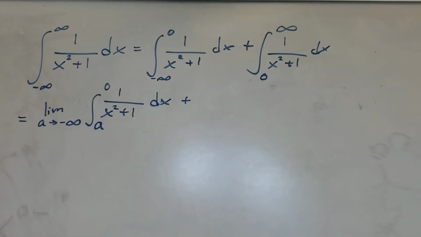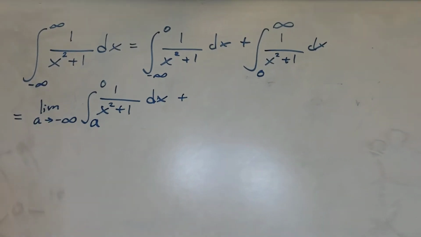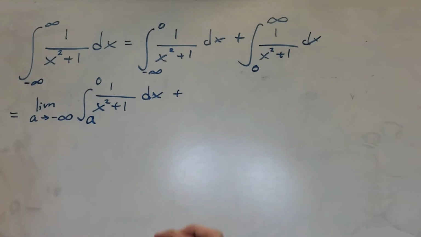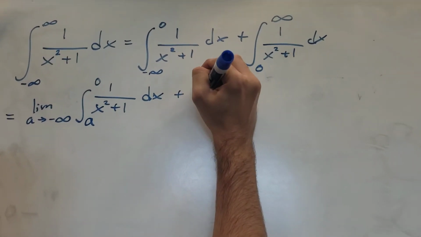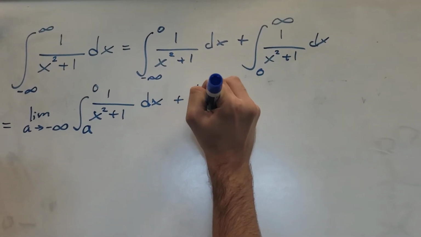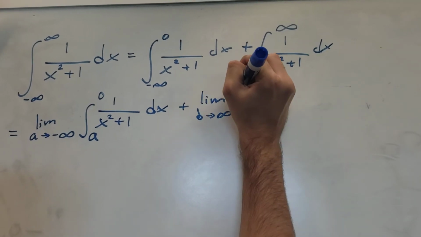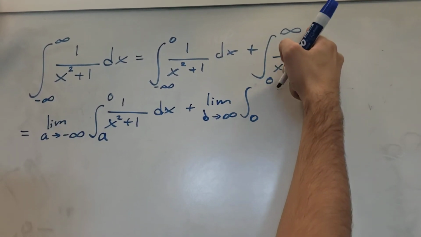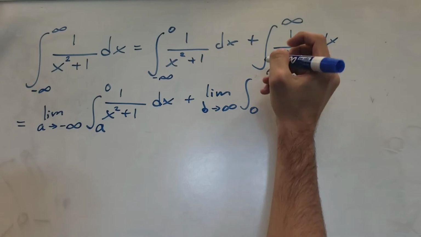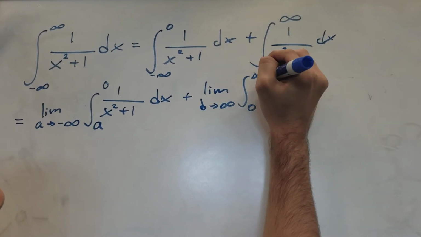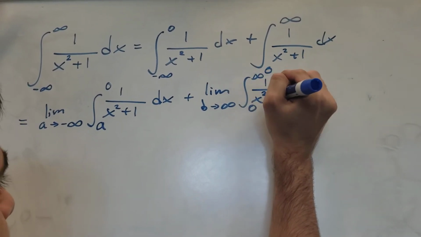We're going to replace this infinity with b, and we'll take the limit when b goes to infinity. So instead of writing positive infinity, we're writing b because we're going to let it approach infinity. And then of course you rewrite that function, x squared plus 1.